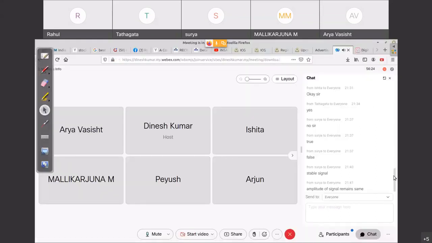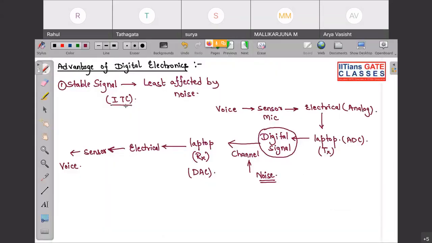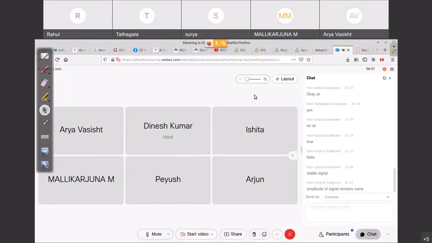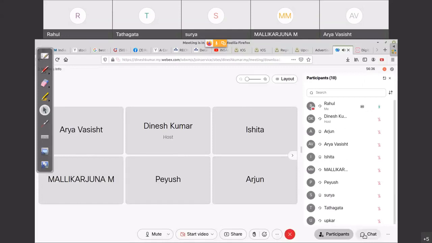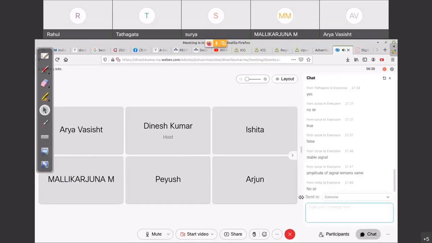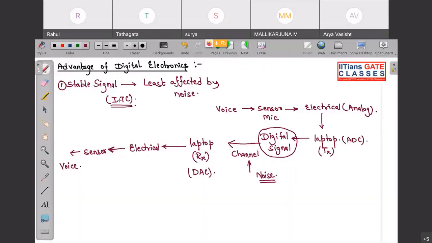This might be in your 6th or 7th semester. It was in my 6th semester. It is only for ECE students. Basically, how the digital signal is least affected by noise, electrical interference or chattering, you are going to read in ITC. This is the first point you need to know.